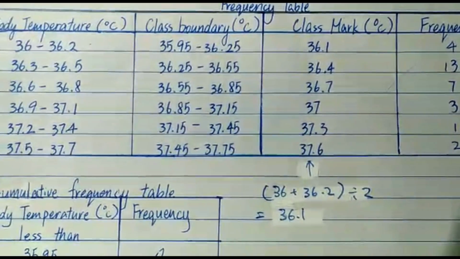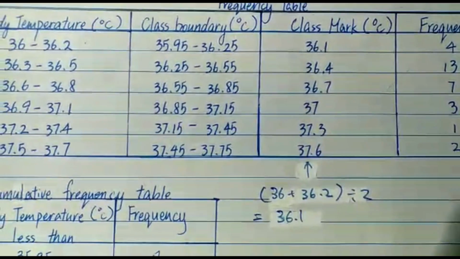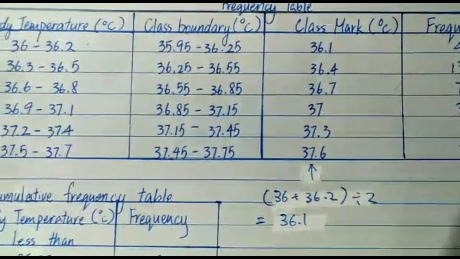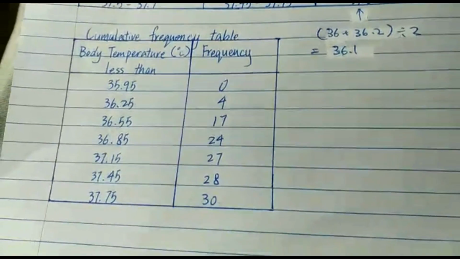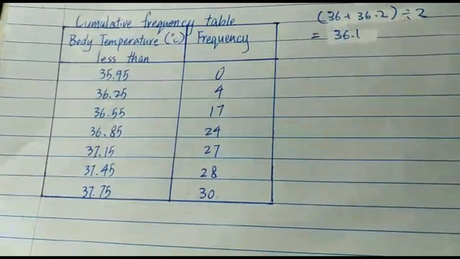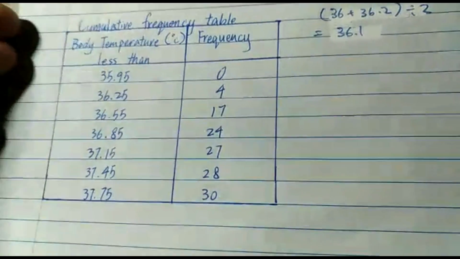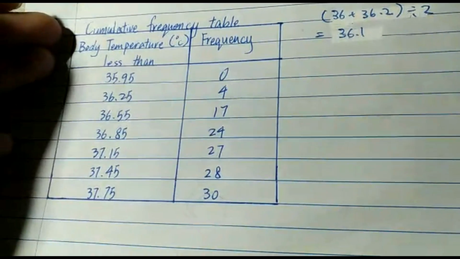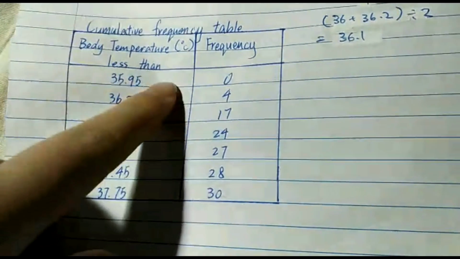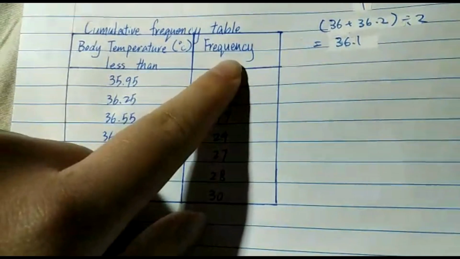Next, we're going to introduce the cumulative frequency table. First, you have to write body temperature, and then the unit, and then less than, and then also the frequency. The cumulative frequency table is based on the class boundary from the frequency table.